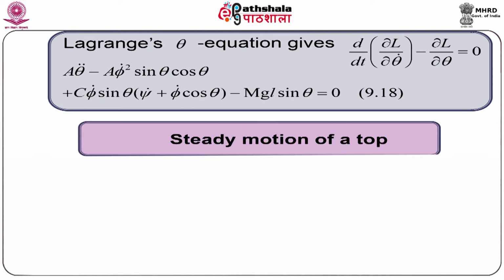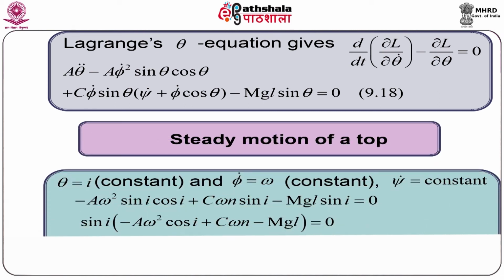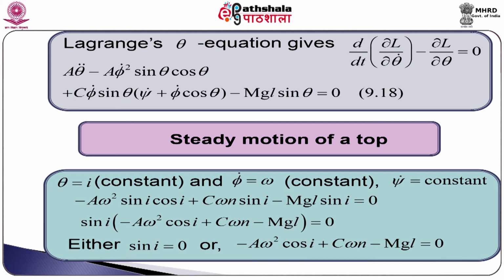Let us discuss the steady motion of a top. Let theta equal to I, which is constant, phi dot equal to omega, which is also constant, psi dot equal to constant.